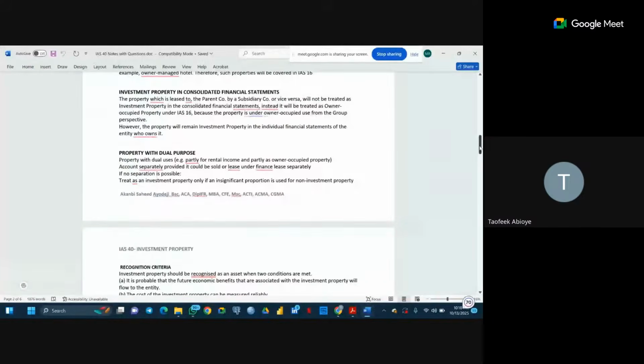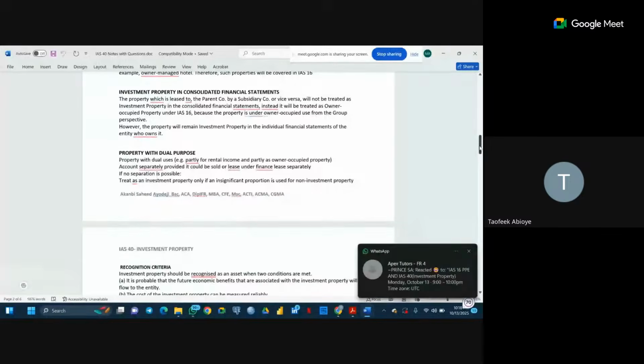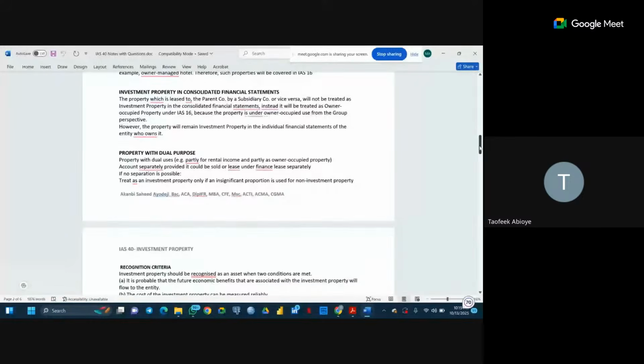There's a major building there at their head office. If you check the billboard outside there, you can see that they are not the only one in that building. We have some other companies there that are using that particular building as well. So in that situation, UBA recognizing that whole property can be IAS 16 and can also be IAS 40.